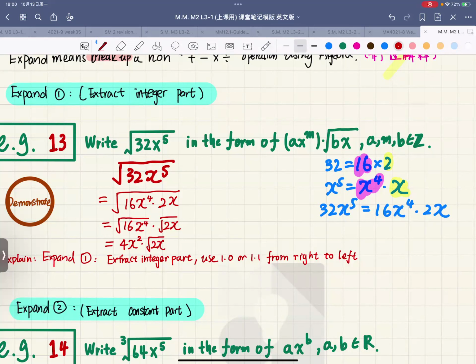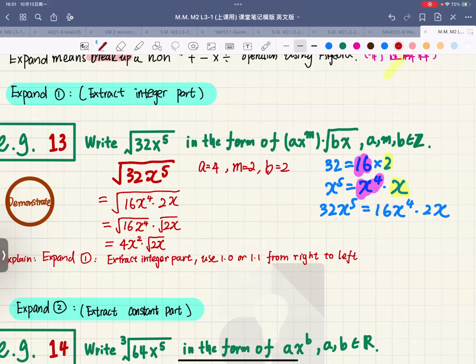Okay, so if we want to find, a is equal to 4, b, sorry, b is equal to 2.